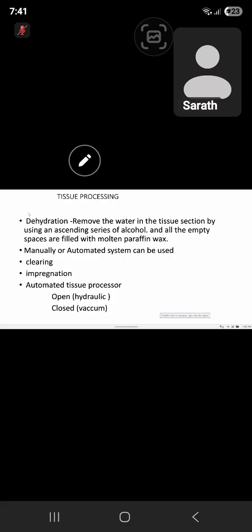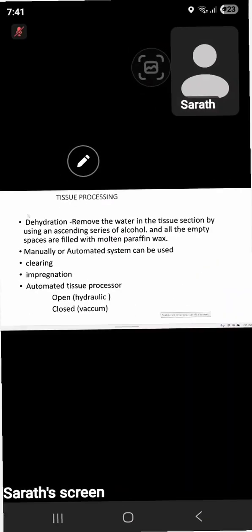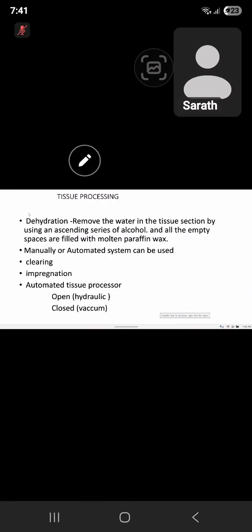So the water should be gradually removed from the tissue. That is called dehydration. So dehydration takes place by using an ascending series of alcohol. So at the final alcohol container, we expect almost all the traces of water from the tissue is removed.